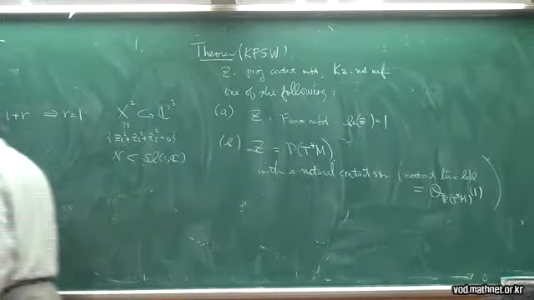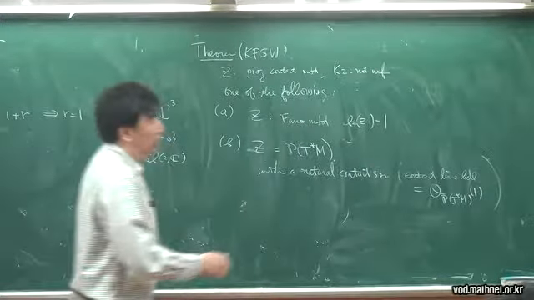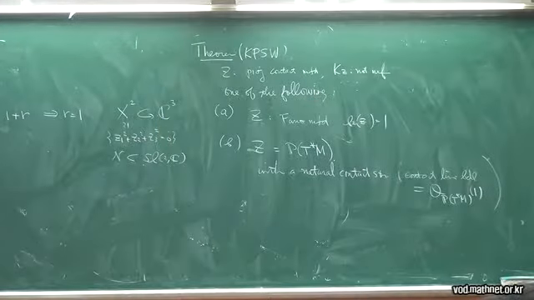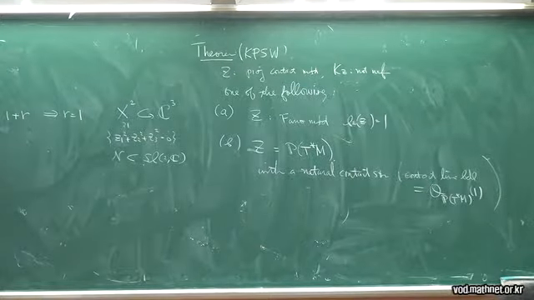Okay, so I want to explain. I want to apply this, but this is a resolution of singularities. But in our case, we assume n is greater than 1. So this means that Px has singularities, because X is a complete intersection.